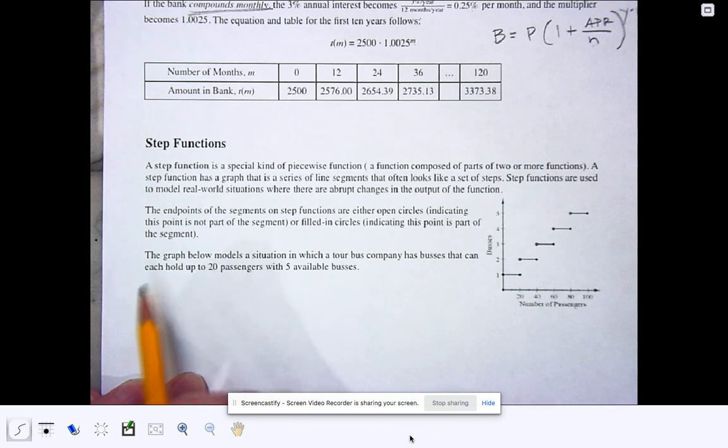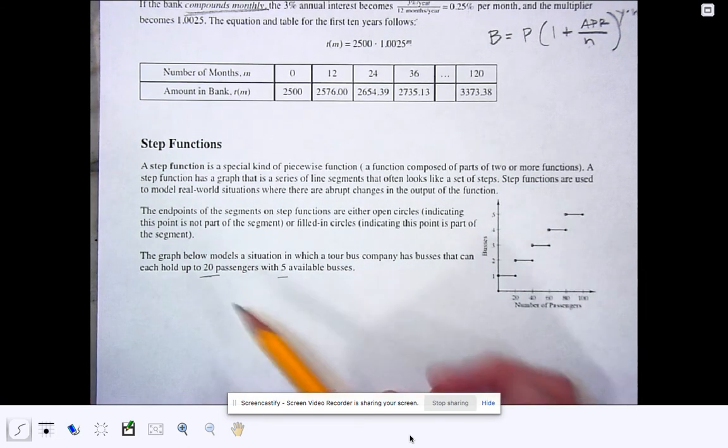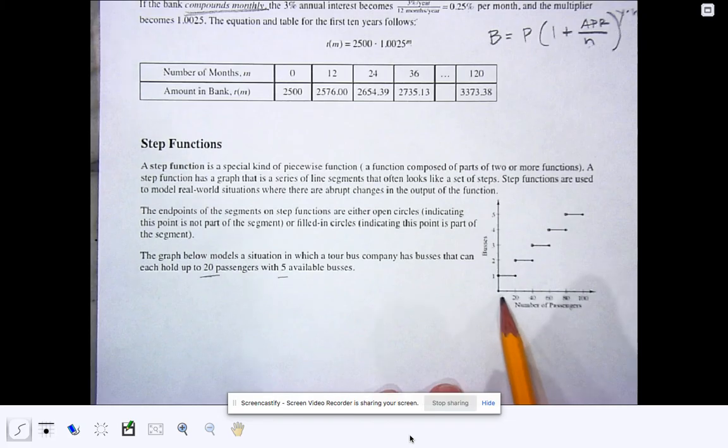Let's look at this example of one. The graph below models a situation in which a tour bus company has buses that can each hold up to 20 passengers, with 5 available buses. So if it can hold 20 passengers, how many buses would you need for up to 20 people?